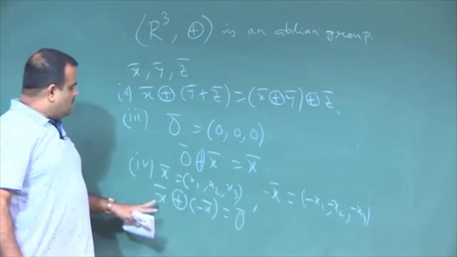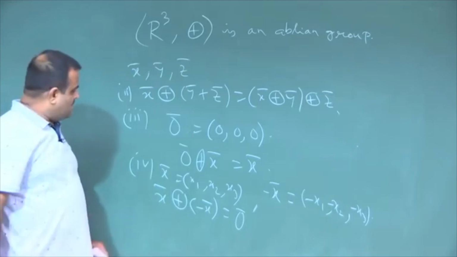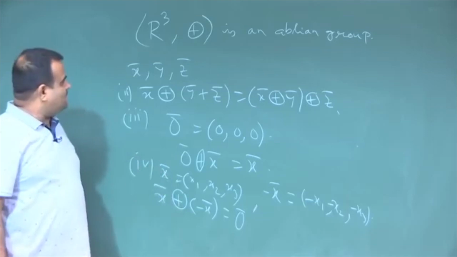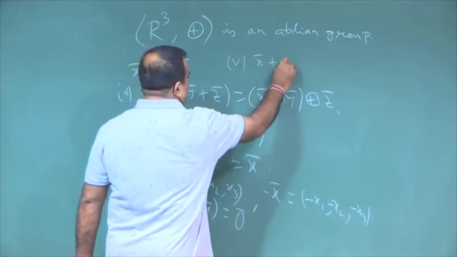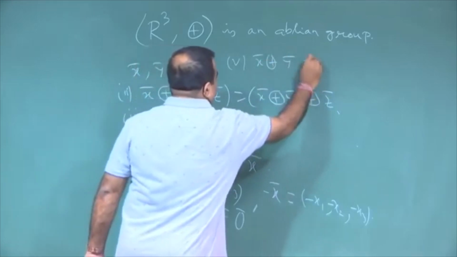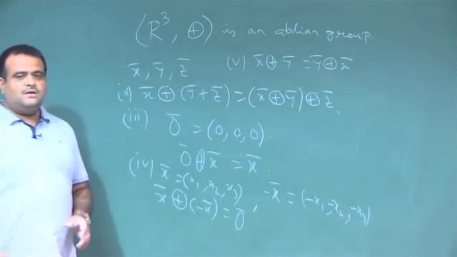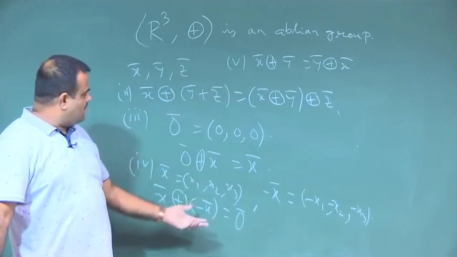So, this is the existence of inverse for each element, and also the abelian property is satisfied, the fifth property. This can be easily checked, because this is the abelian property of the field plus, which is ultimately what will be used.